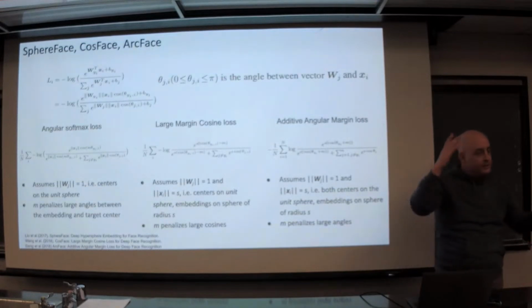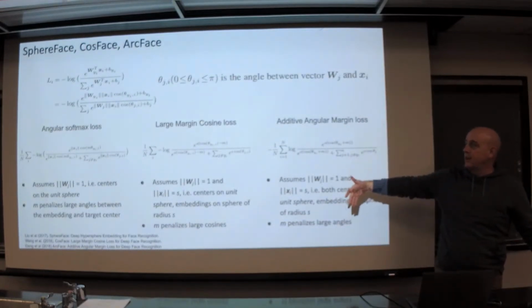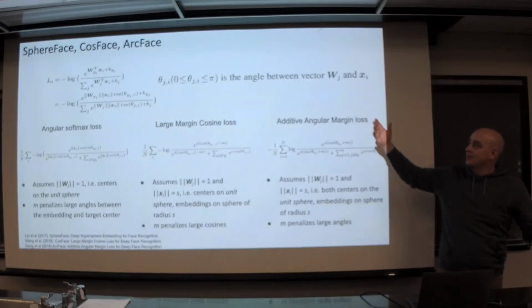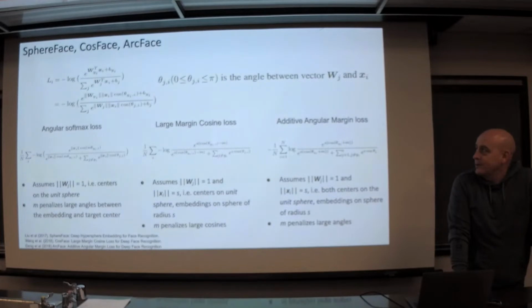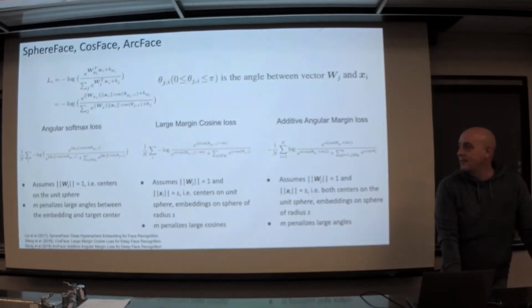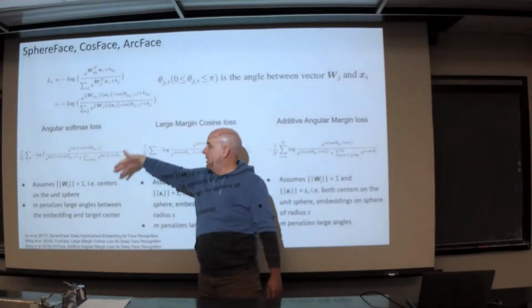This can get even crazier, and in particular in face recognition, there's a lot of losses that are called things face because they were developed in face recognition. So sphere face, cos face, arc face. They all look like the softmax losses.